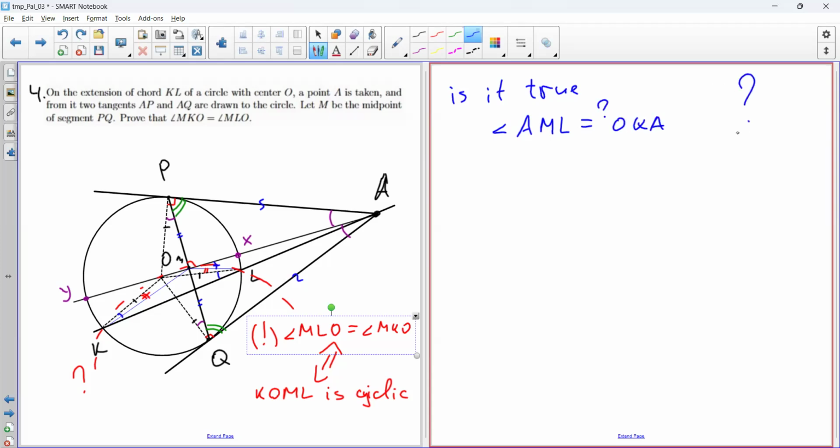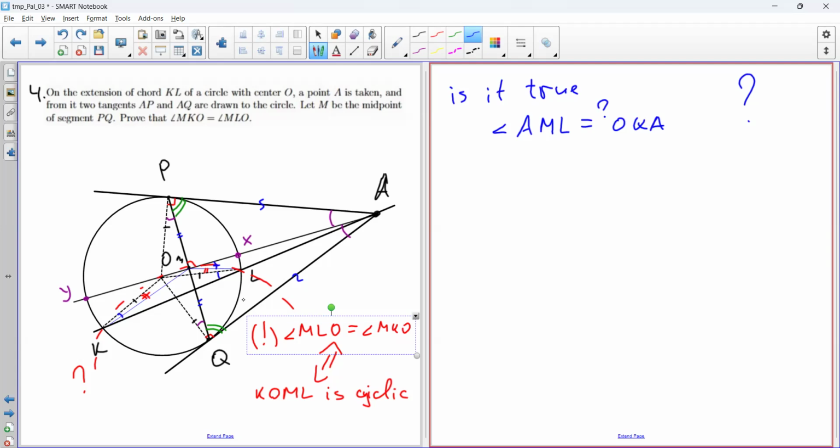So this is one of the potential strategies how to prove that. But also in general, maybe we should think about the general statement, this KOML, which is geometrical, not algebraic, not about equality.